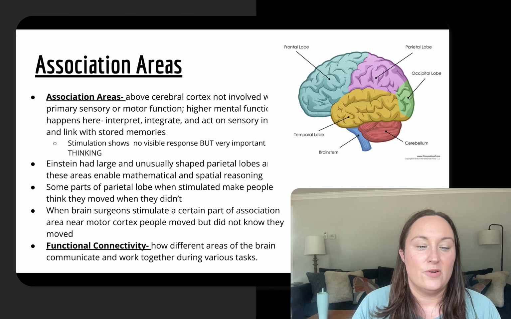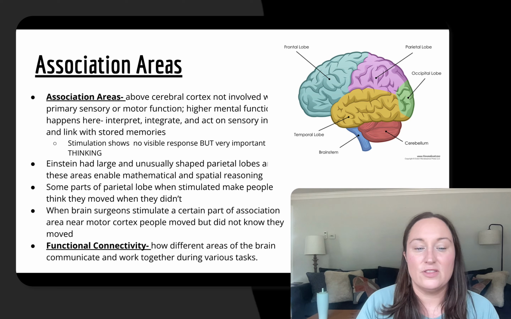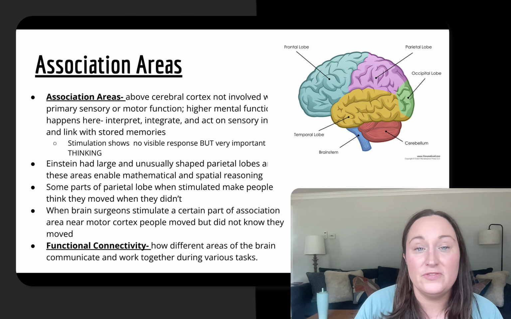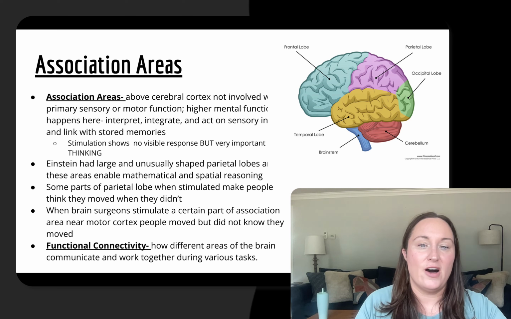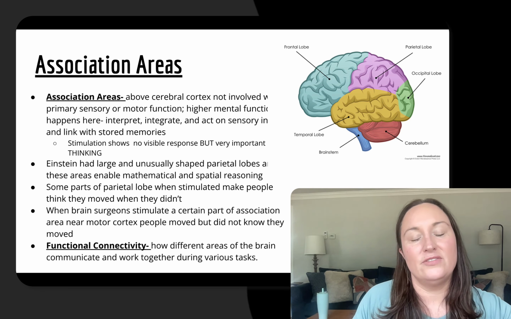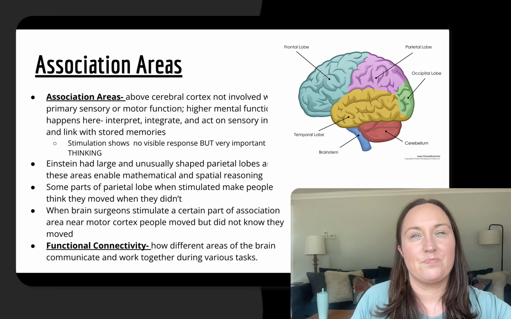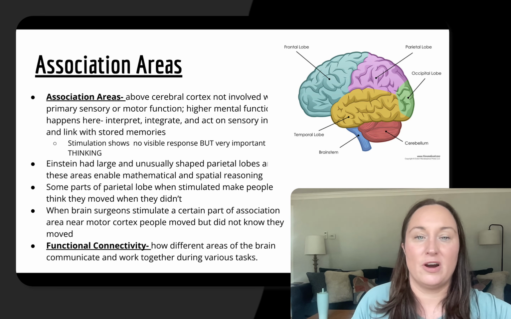We also know that when brain surgeons stimulate a certain part of the association area near the motor cortex, people moved, but they didn't even know that they were moving. So they're involved in things in a different way, but still related to other parts of the brain.